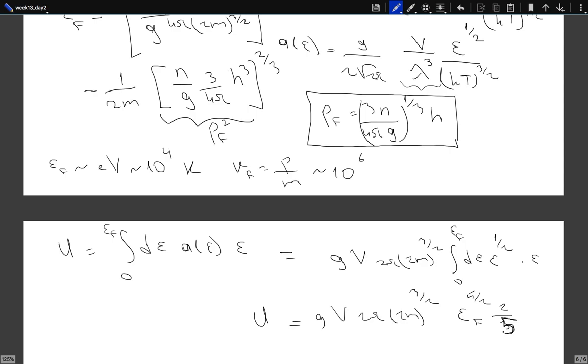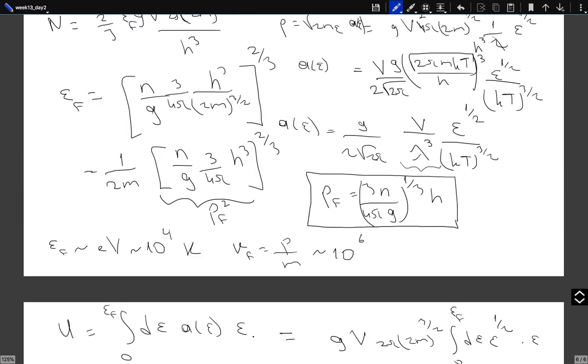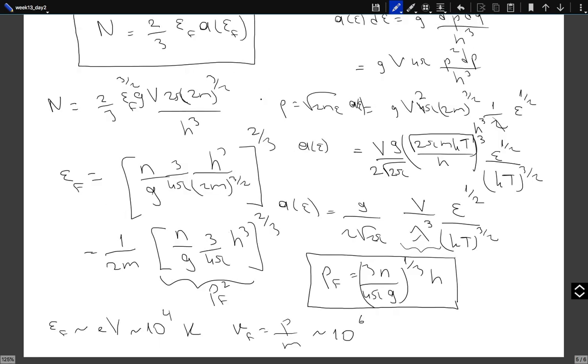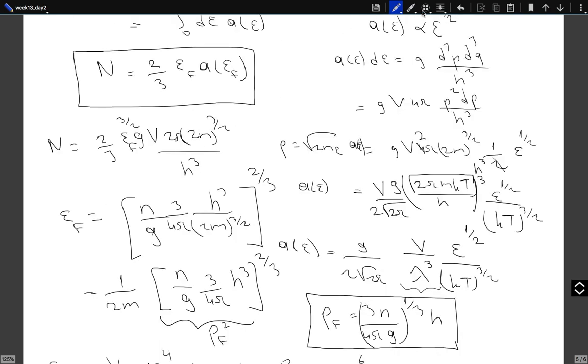Well, we can convert this somewhat, as the number of particles was given by this expression over here.